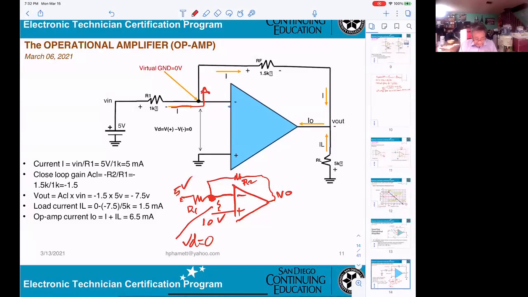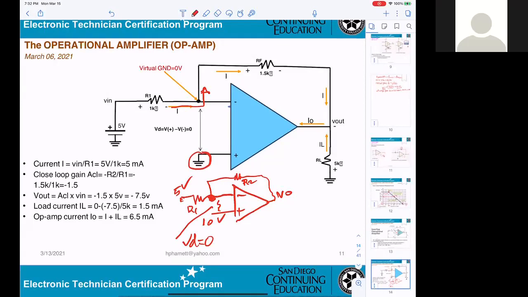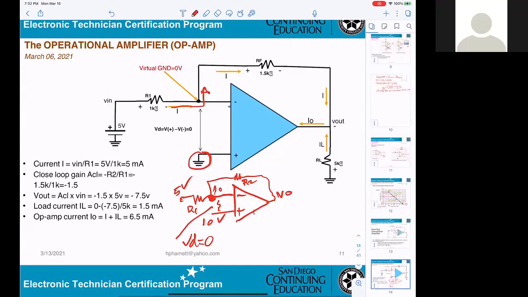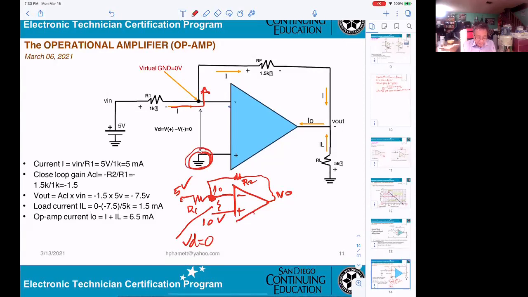So that does not mean it is a virtual ground. It is only a virtual ground if the other side is connected to ground. So the inverting input is forced to 10 volts. I just bring it up to make sure you understand why virtual ground. That means this side must be ground in order to get a virtual ground. Okay?